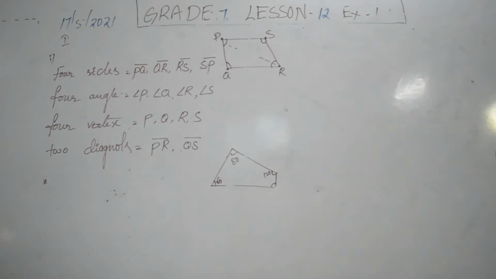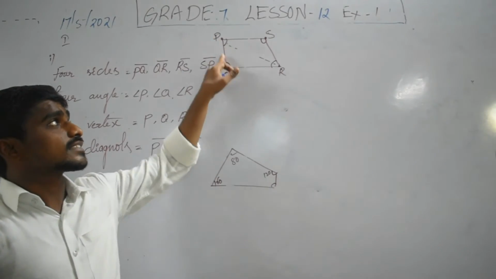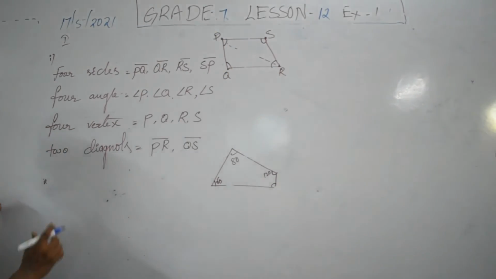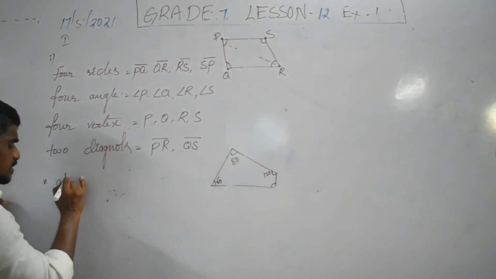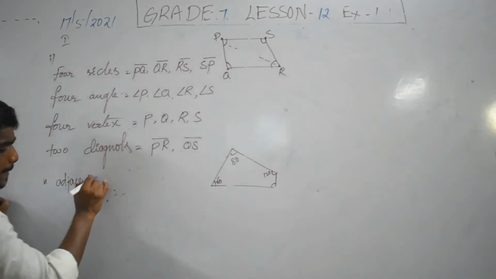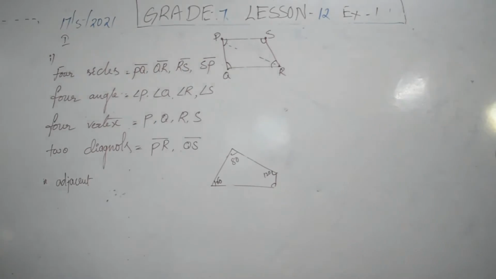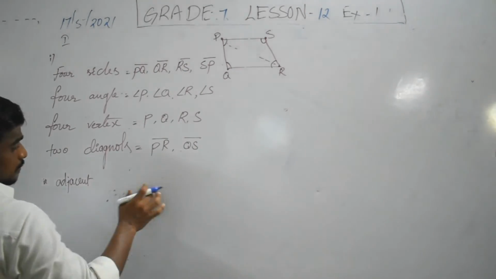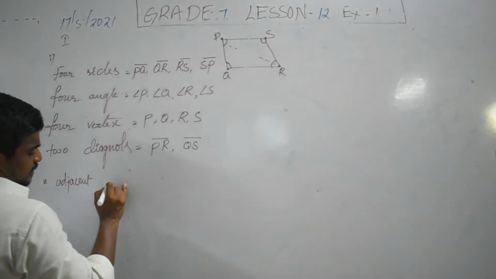Here, see, adjacent sides. What are adjacent sides? Two sides that have a common vertex are adjacent sides. Sorry, this is the second picture. Adjacent sides.